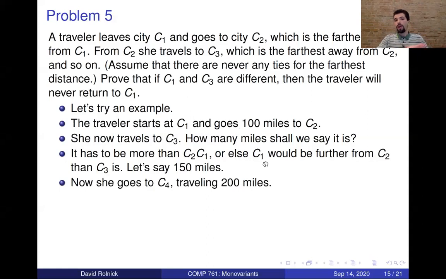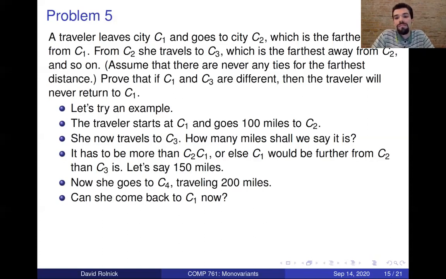Now she's going to go to C4, and likewise, she's going to travel 200 miles. Could she come back to C1 now? No, why?